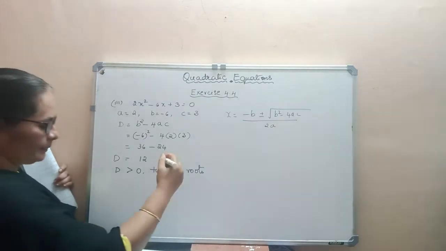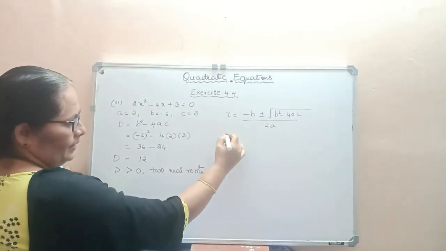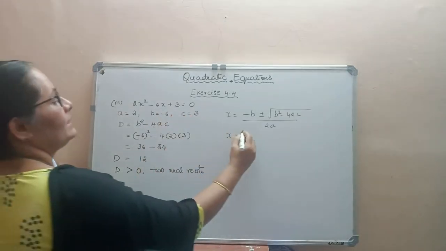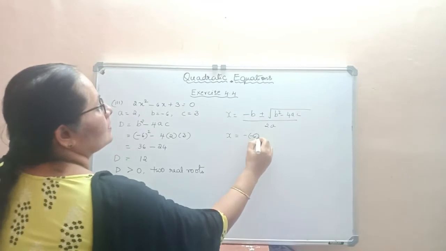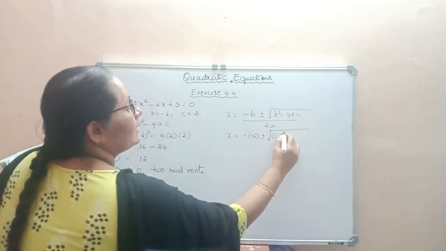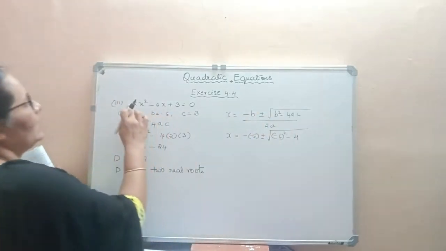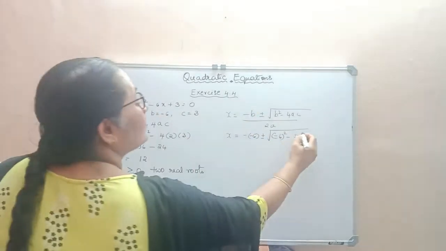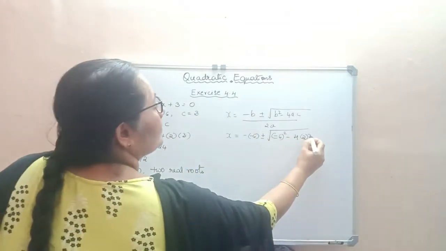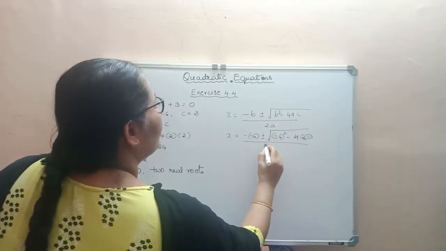That is, x equals minus b, minus of minus 6, plus or minus root of minus 6 whole square minus 4 into a, which is 2, and c is 3, divided by 2a.